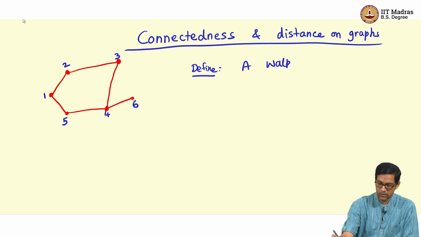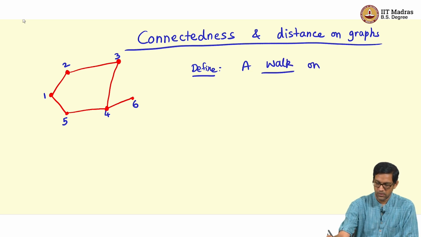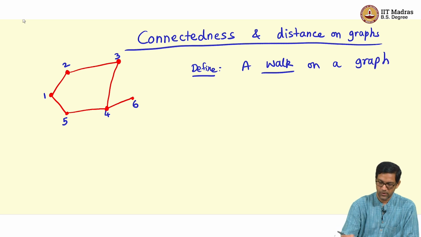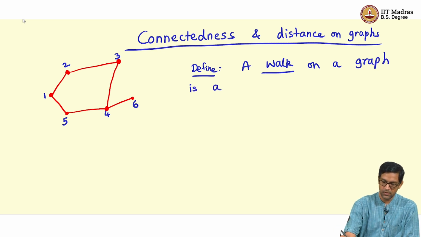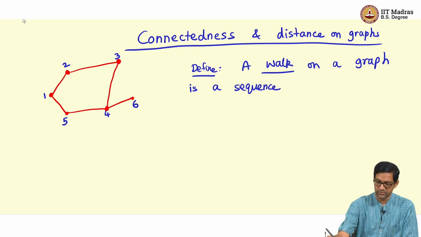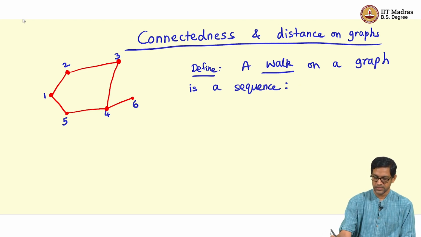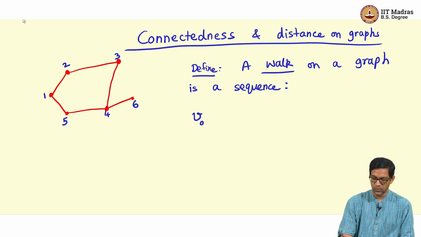a walk on a graph is the following. It is just a sequence which looks like the following. You start at a vertex, let us call it V0, write it here. So, you start at a vertex, then you follow an edge.